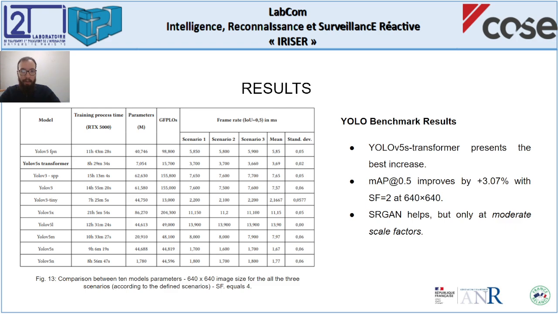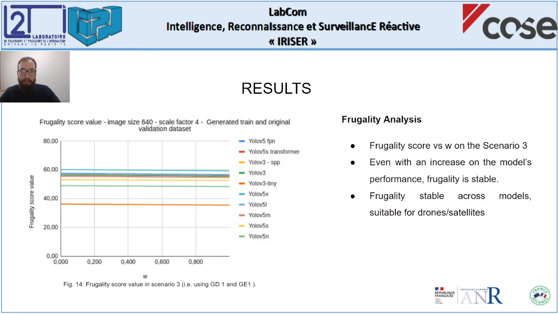For the final results, we can present our best YOLO benchmark model. We got the YOLO V5 transformer presenting the best increase in performance, with mean average precision improvement of almost 3%, with scale factor equal to 2 for our higher resolution. But we observed that SRGAN can help increase the performance, but only for a small value of scale factor.